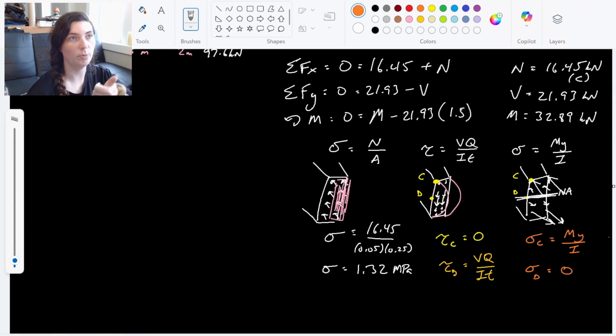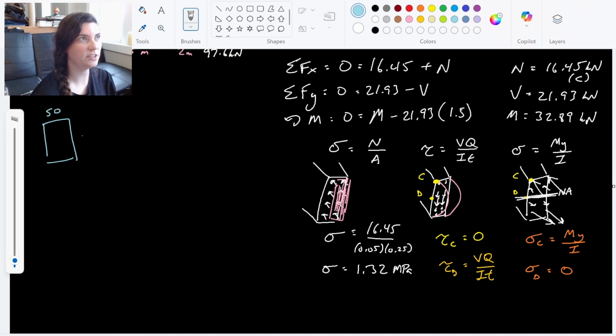So now we know what we need to find. We need to find moment of inertia, I, and we need to find Q. So let's go ahead and look at our cross-section again. We need our moment of inertia. That is the same in any case, right? It's a property of that overall geometry. I draw this guy again. He is 50 by 250 millimeters.